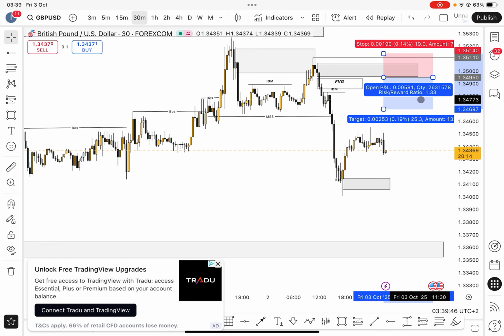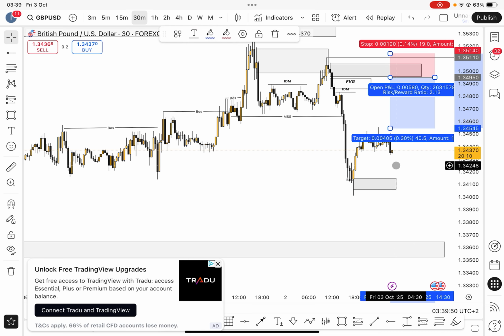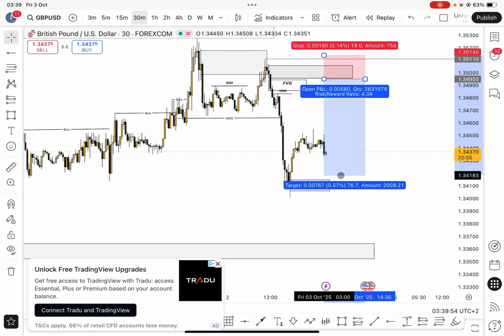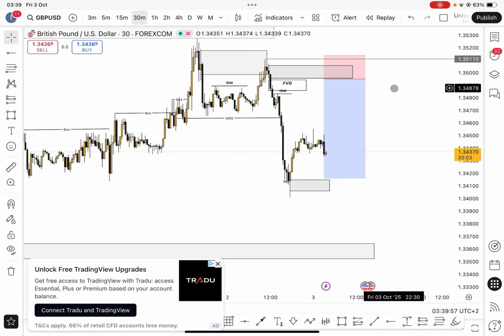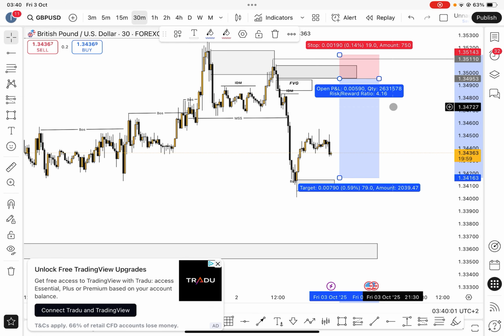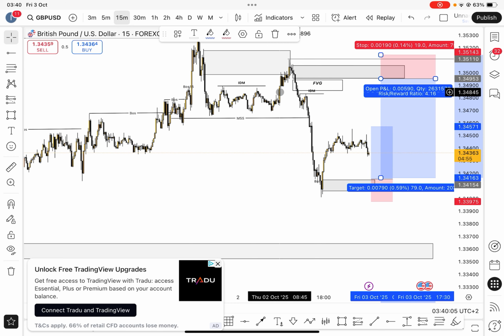Then I'll still target my 1:2. Okay, see, this is 1:2, or I can target this low, 1:4. Then this is how I'm going to wait for the trade on GBPUSD.